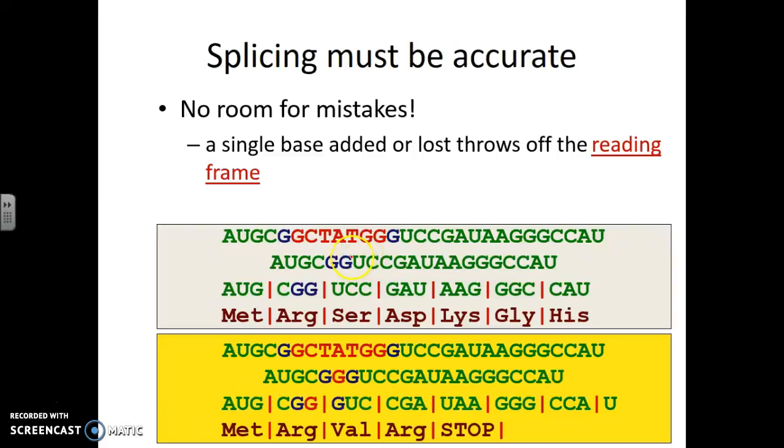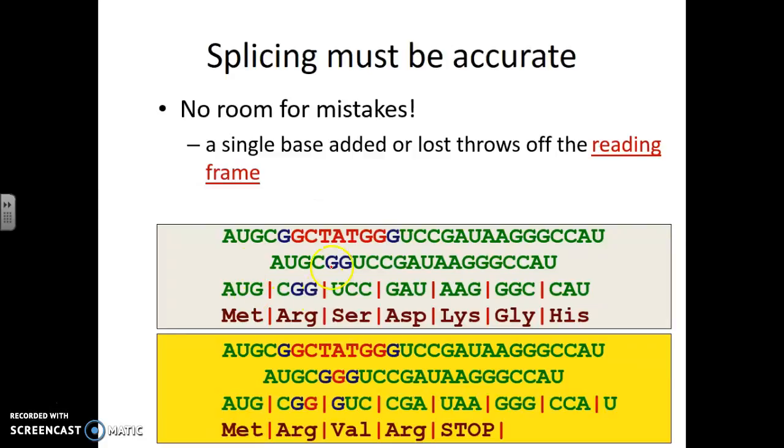That incorrect splicing causes a completely different protein to be made. First of all, it changes the amino acids here, serine to valine and Asp to Arg, but then it actually causes the protein to be truncated, or smaller than the one that should be produced.